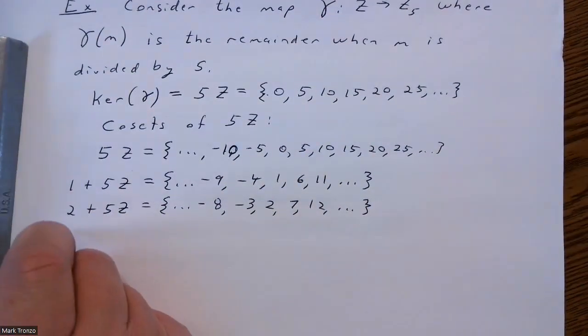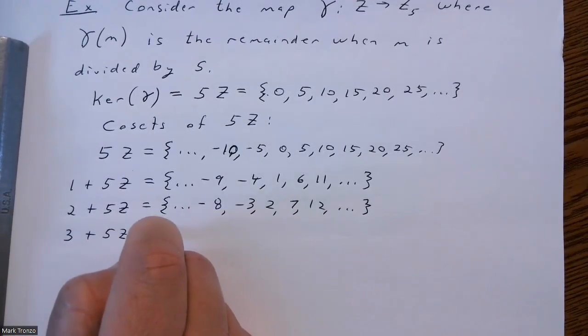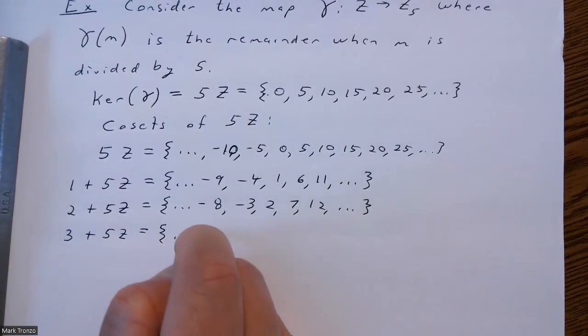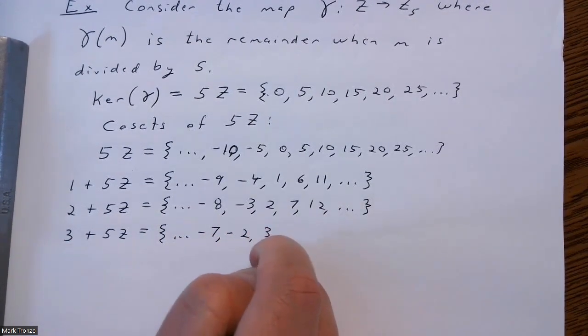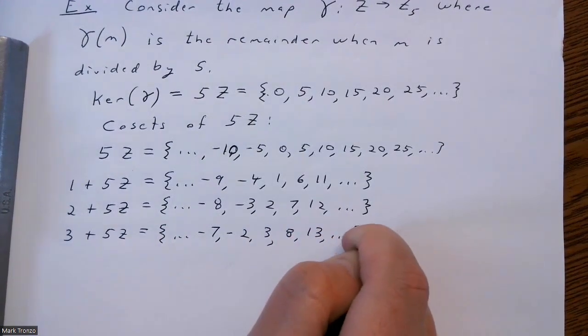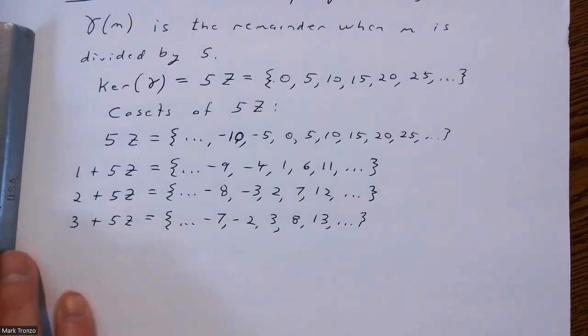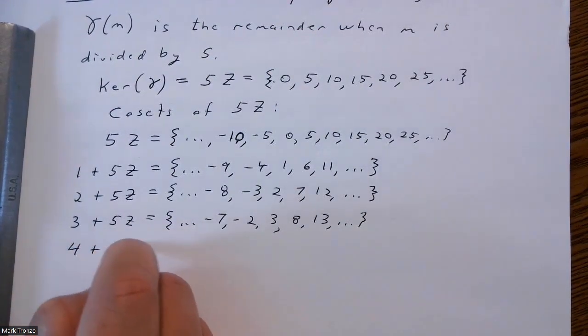If we take 3, negative 7, negative 2, 3, 8, 13, etc. We add 4.